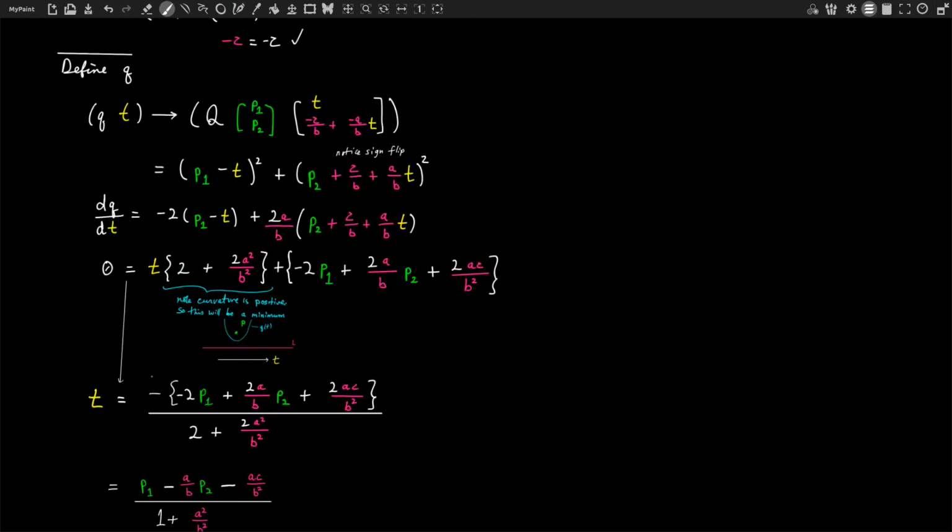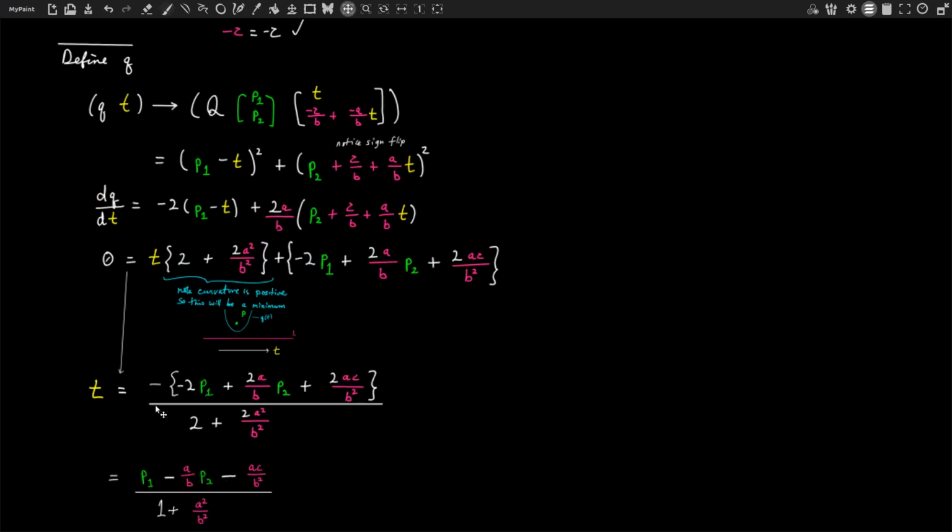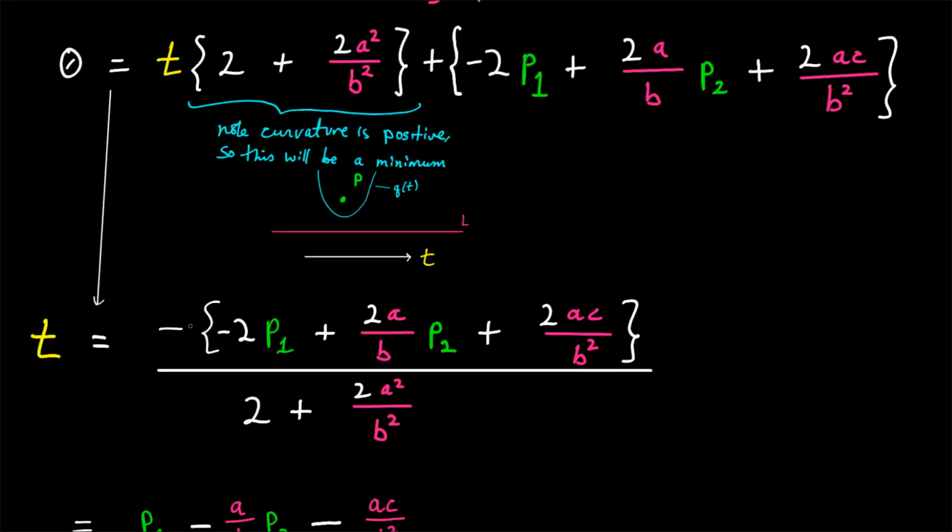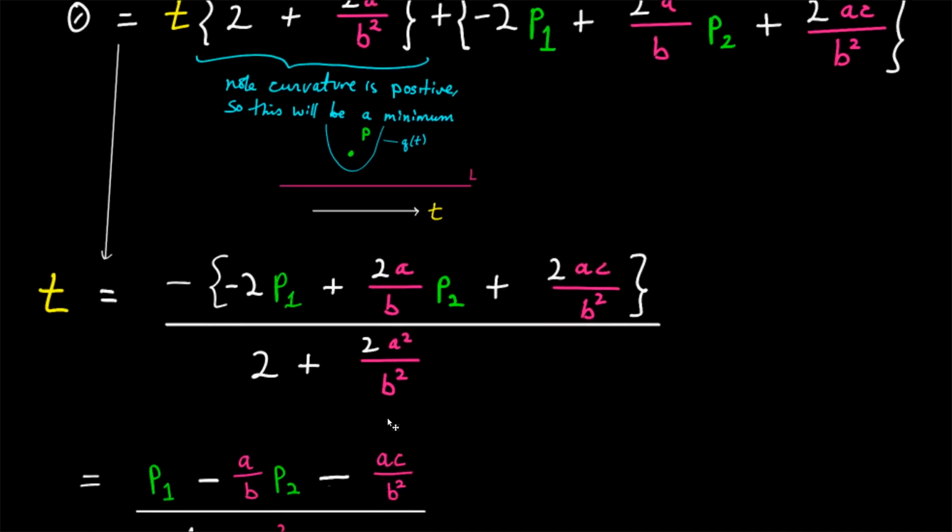So you rearrange this equation in terms of t, so you get t is equal to minus. We move this stuff inside this brace over to the other side of the equation and then divide by the stuff over the blue brace. And we get minus 2p1 plus 2a over bp2 plus 2ac over b squared, all over 2 plus 2a squared over b squared.